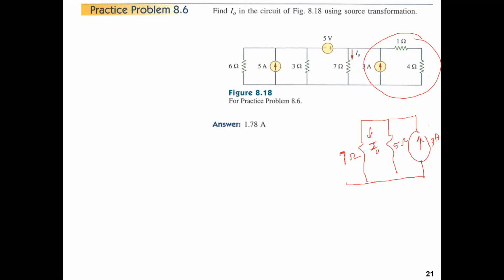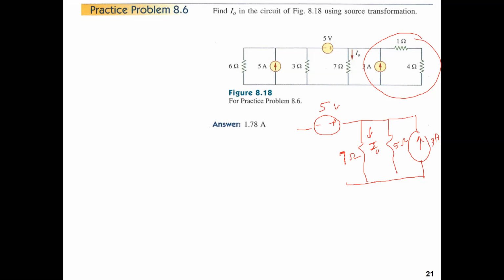And then we have the 5 ohm resistor, 5 volt source, as I mentioned also, that we need to move this voltage source down here, or in other words, we need to convert the 5 volt into a source current.